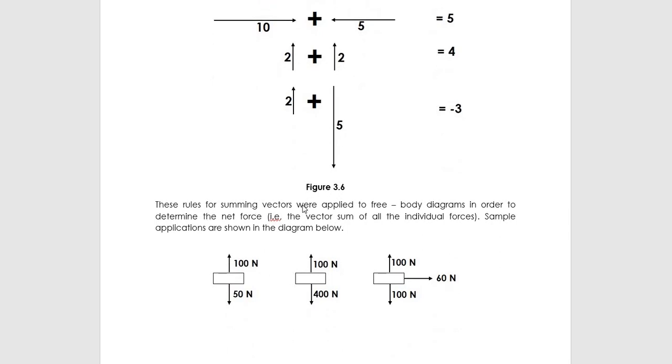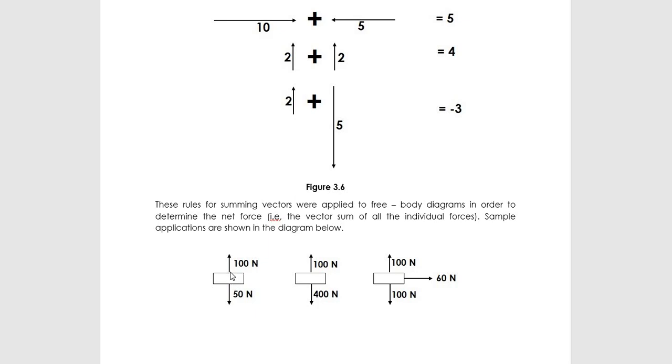So these rules for summing vectors were applied to free body diagrams in order to determine the net force. So sample applications are shown in the diagram. Okay, kapag nagko-compute naman tayo ng vectors using for example, a force. So etong mga to, this is the object.